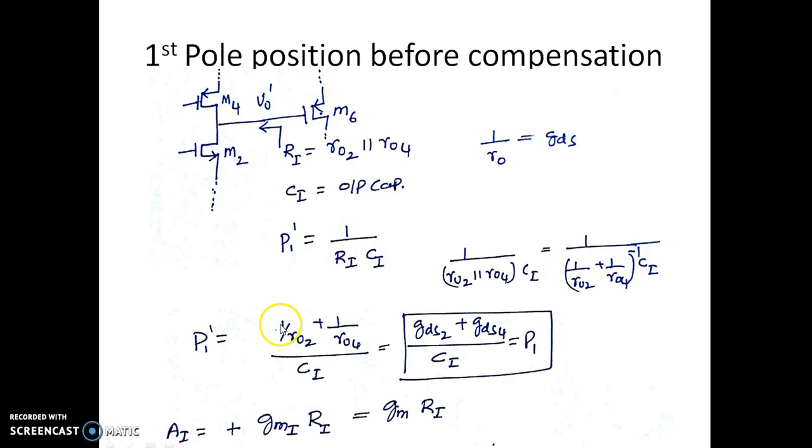And now you can see, instead of writing P1 dash equal to 1 over R02 plus 1 over R04, you can write it in terms of gds. Now here P1 dash is represented in terms of gds, that is the conductance between the drain and the source. So gds2 plus gds4 divided by C1 happens to be the pole position. This is actually P1 dash. This is not P1, this is P1 dash.